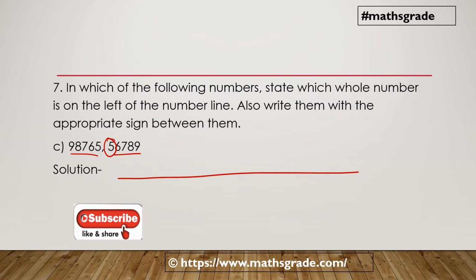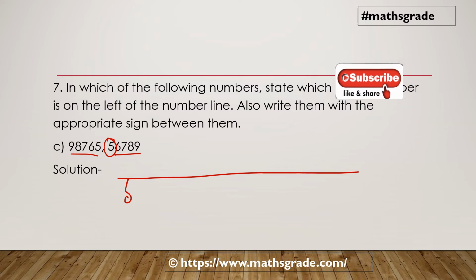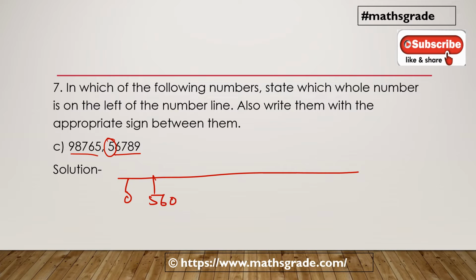So starting from 0, this is 56,789, because 5 is smaller than 9, so we have to first place 56,789 to the left hand side of the number line.